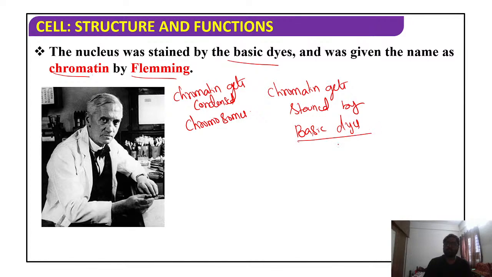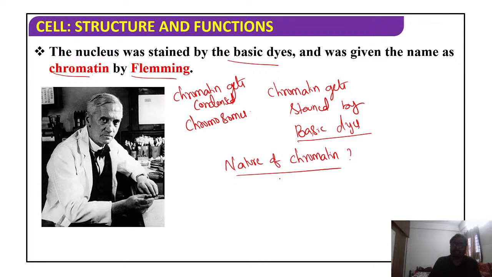So now we are using basic dyes, then what is the nature of the chromatin? Question mark here. Students, you can answer here. What is the nature of chromatin? Because you are using basic dyes. When you are using the basic dyes, then what is the nature of chromatin?